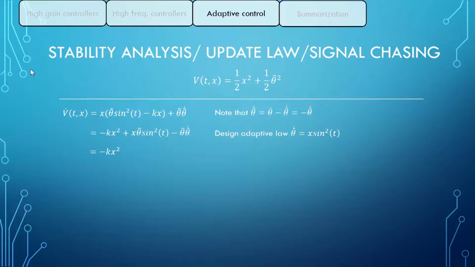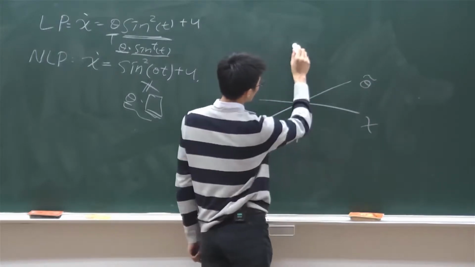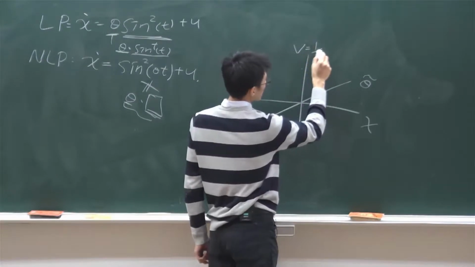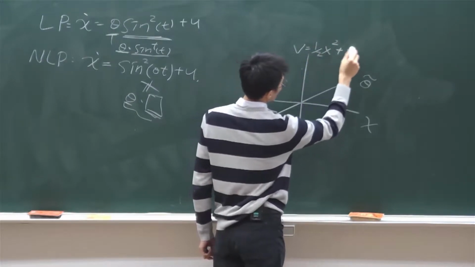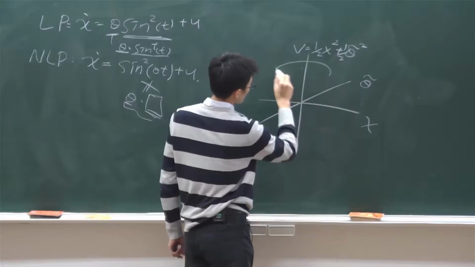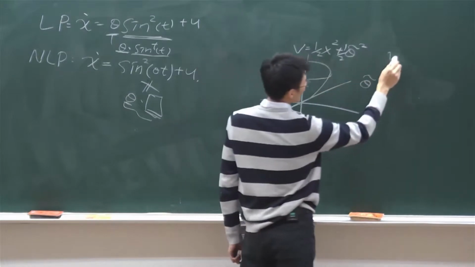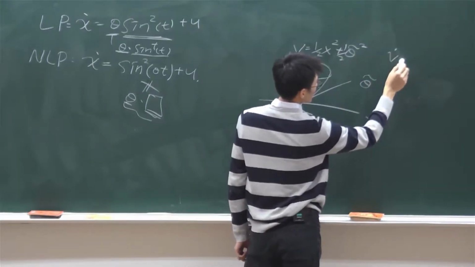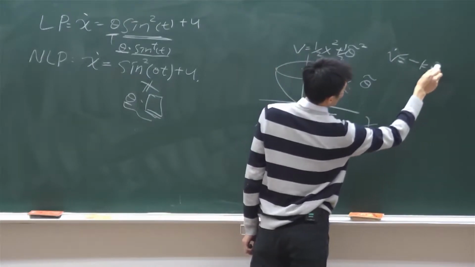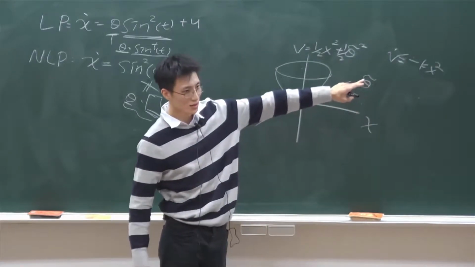If I write this, say this is x, this is theta tilde, this is V, because V is defined as this, so this is PD. Now I say V dot. After a series of analysis, it becomes minus k squared x squared. This guy disappears. So it's ND or NSD.